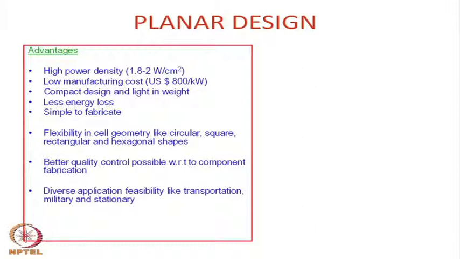In addition to stationary, we have seen in tubular the primary application area is stationary power plant, whereas in case of planar, one can think of other possibilities also, particularly transportation. In fact, some companies have already fabricated what they call APU, auxiliary power unit, for the automobile sector.